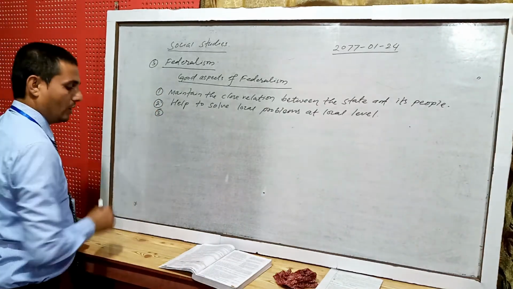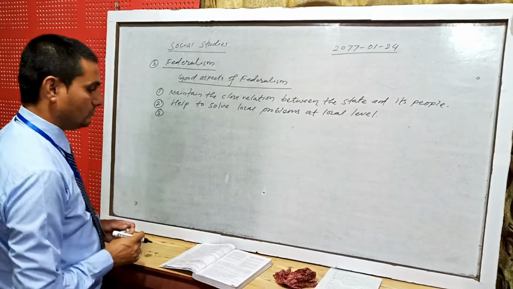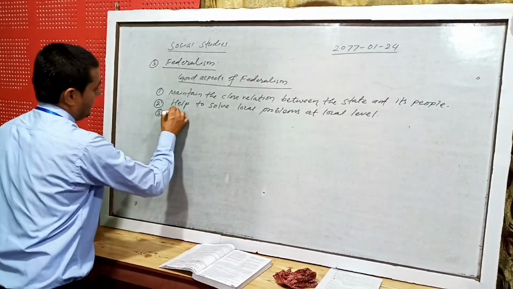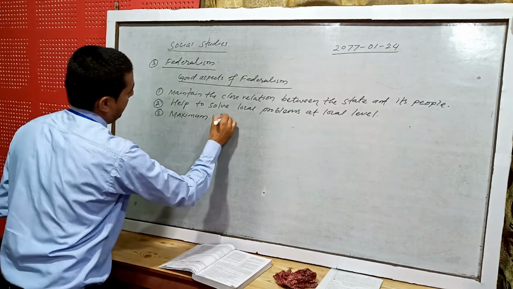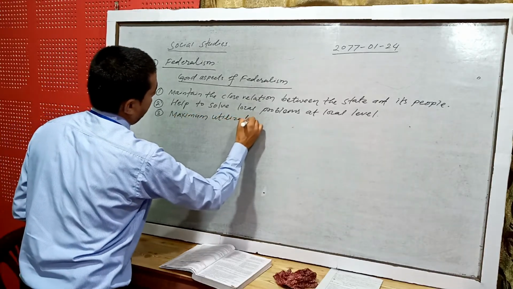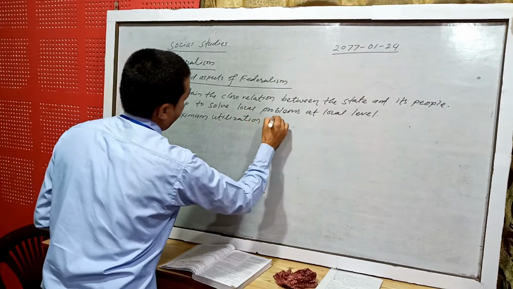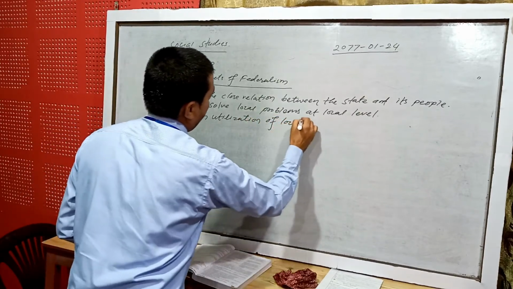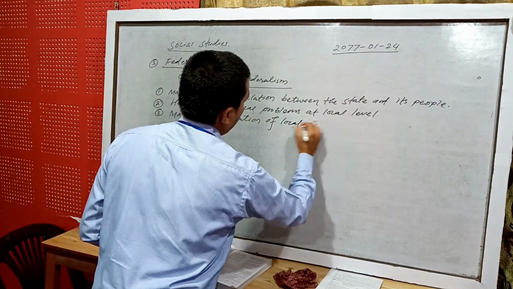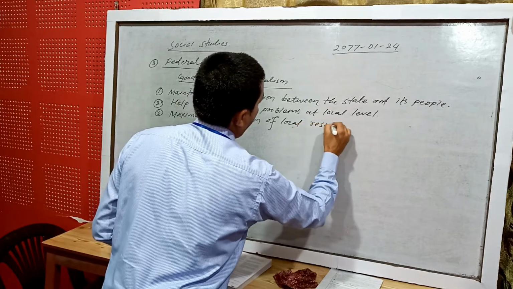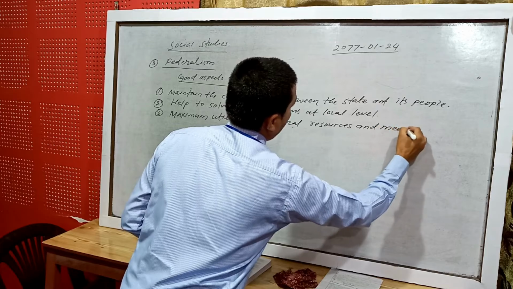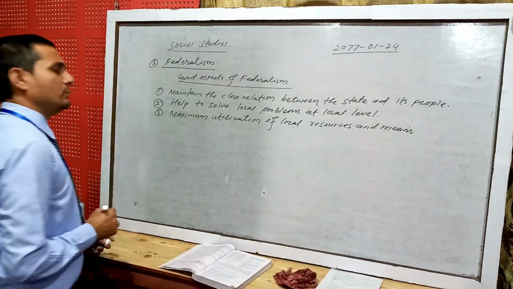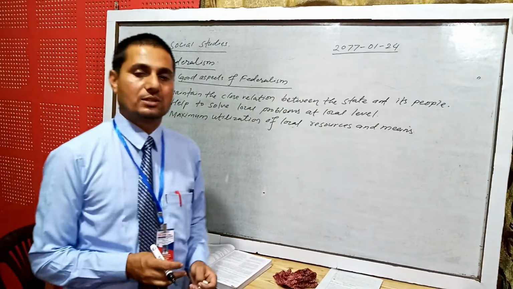Similarly, third one is maximum utilization of local resources and means.